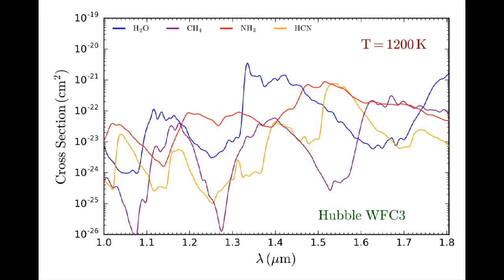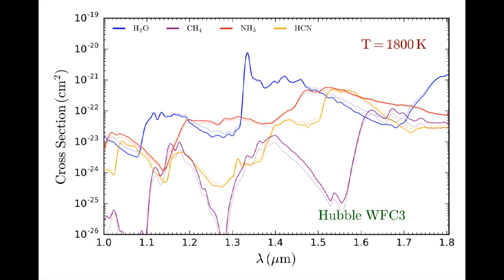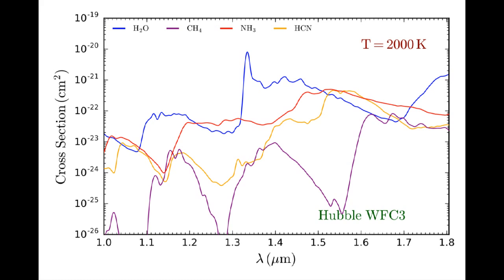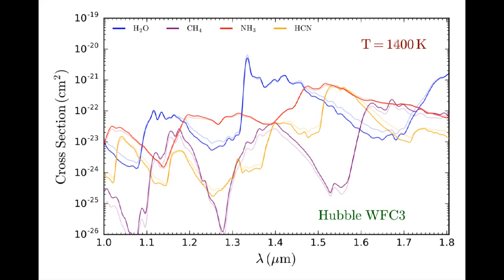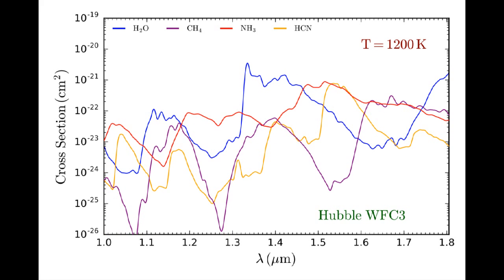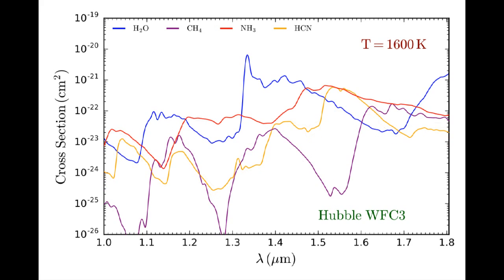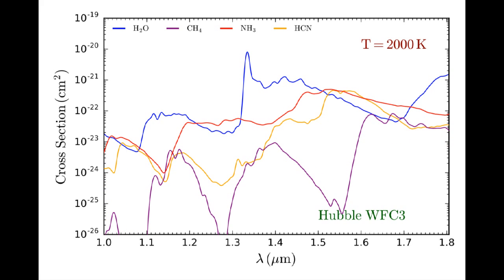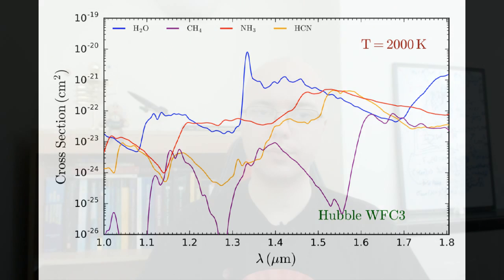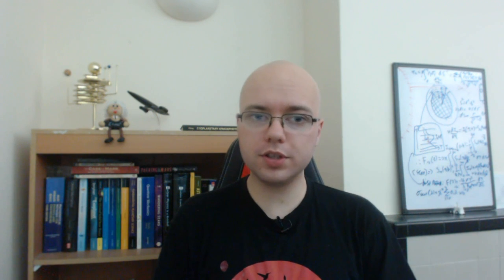Now, as we change the temperature of the planet, then we gradually see that the shapes of these absorption features change. And so this means that from the shape of absorption features, we can actually extract the temperature of the planet's atmosphere. Why is the temperature so important?